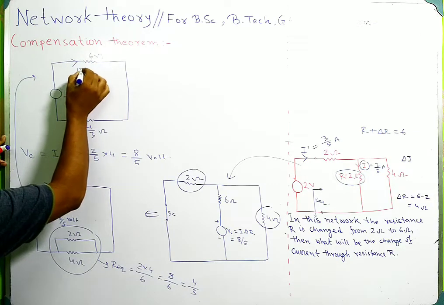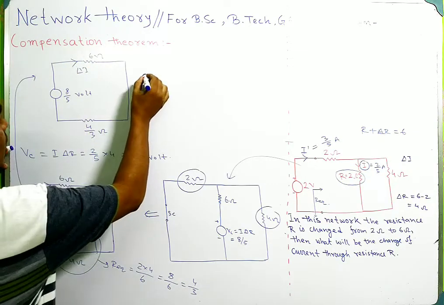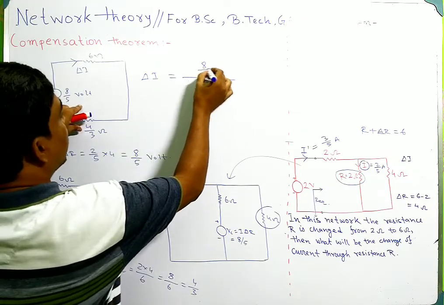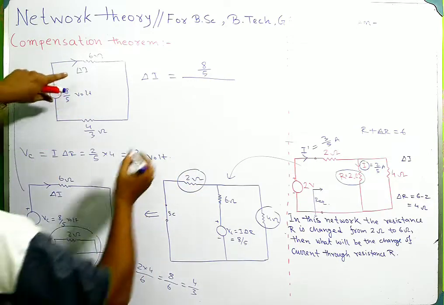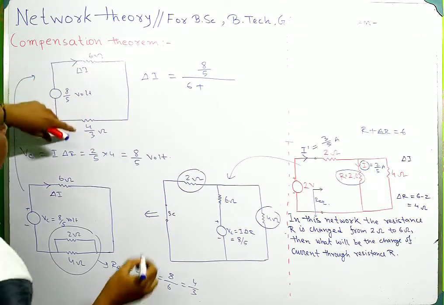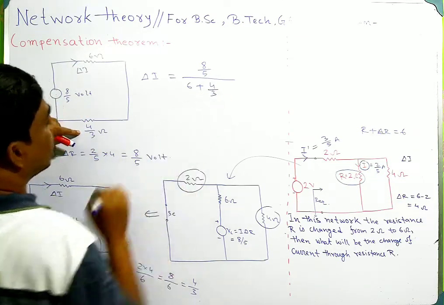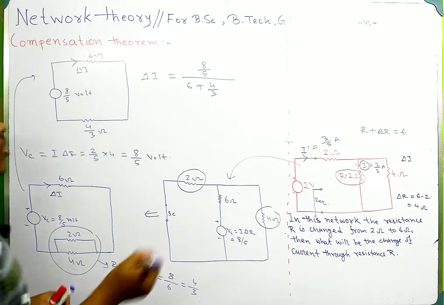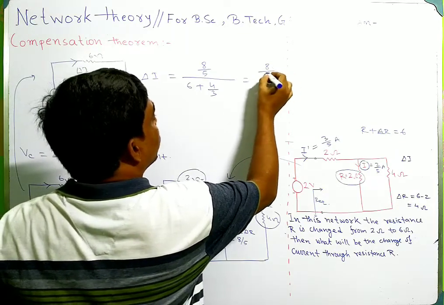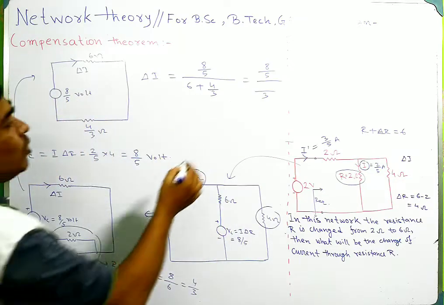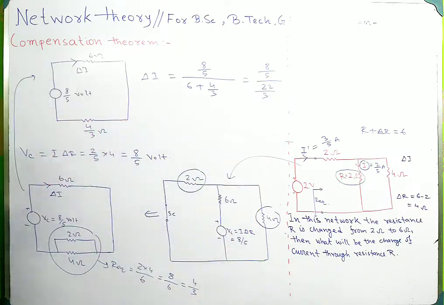So the current is del I. So del I is given by 8 by 5 volt divided by 6 plus 4 by 3. So it will be 8 by 5 divided by 22 by 3.